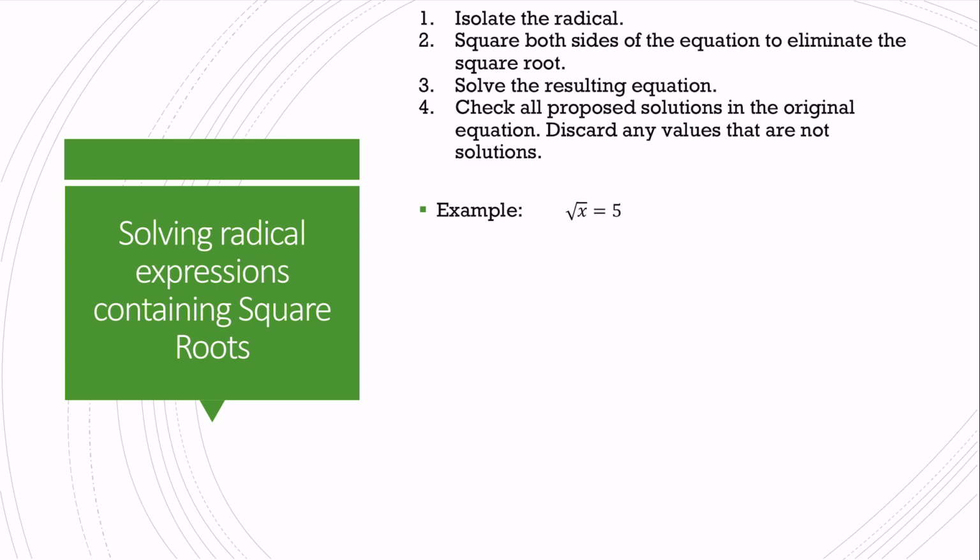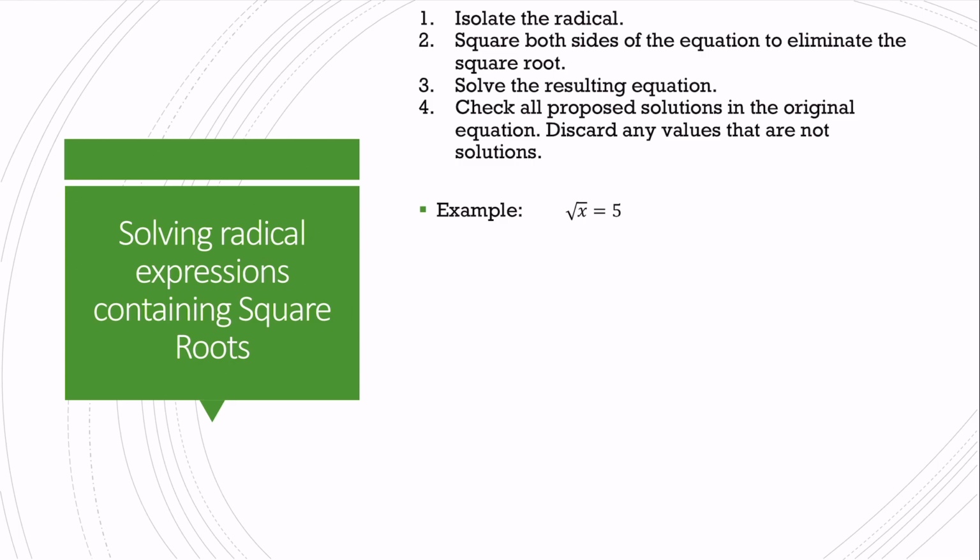So if I want to solve a square root, we are going to square both sides of the equation to eliminate the square root. And then we need to check our proposed solutions in our equation and discard any values that are not solutions.